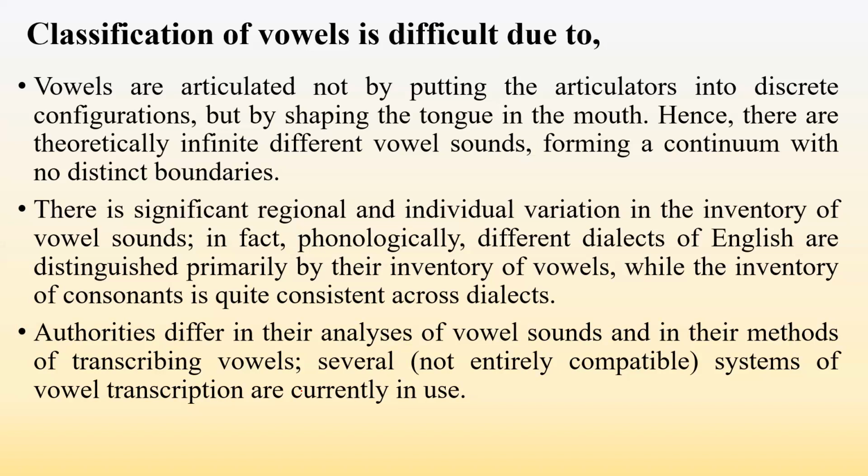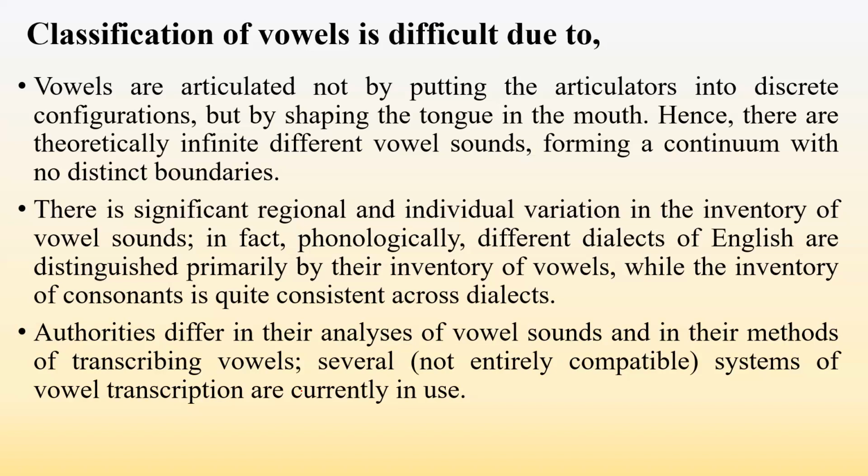So phonologically, different dialects of English are distinguished primarily by their inventory of vowels, while the inventory of consonants is quite consistent across dialects. So what do you understand by that point?